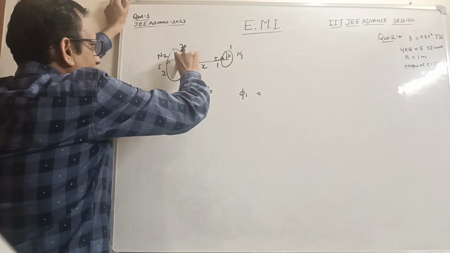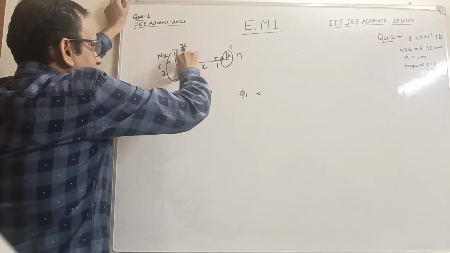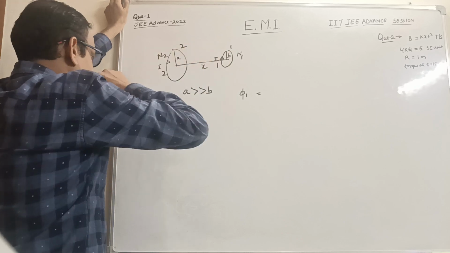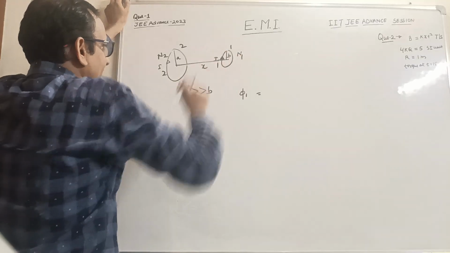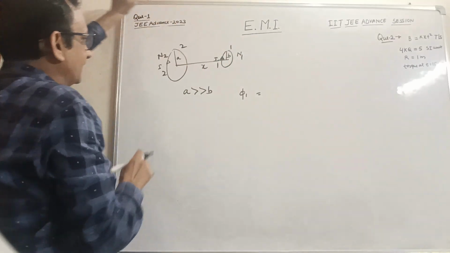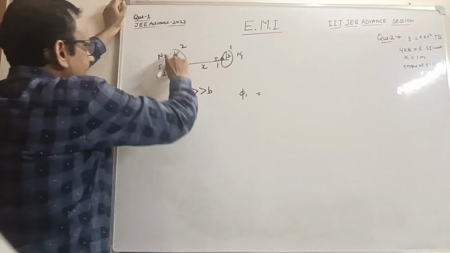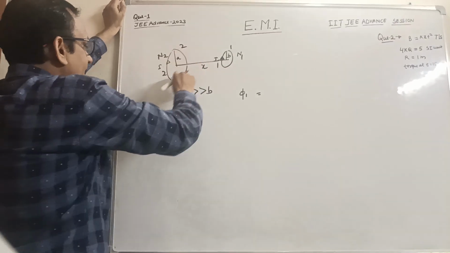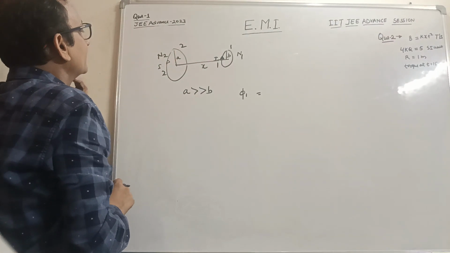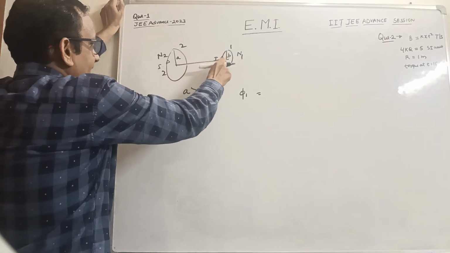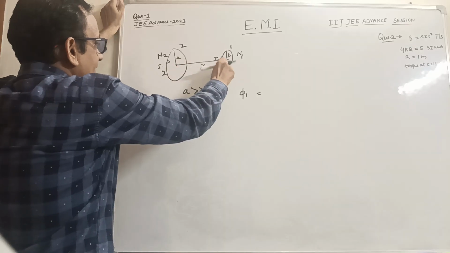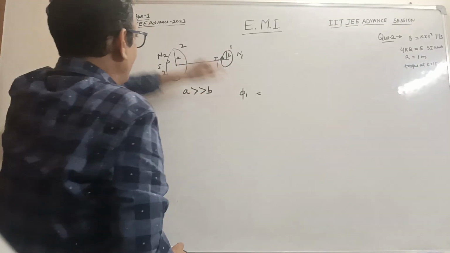In comparison to A, the whole circular loop we assume is a point here. We know the magnetic field of a ring, a loop, at its axial distance. We know the formula, so apply it here.